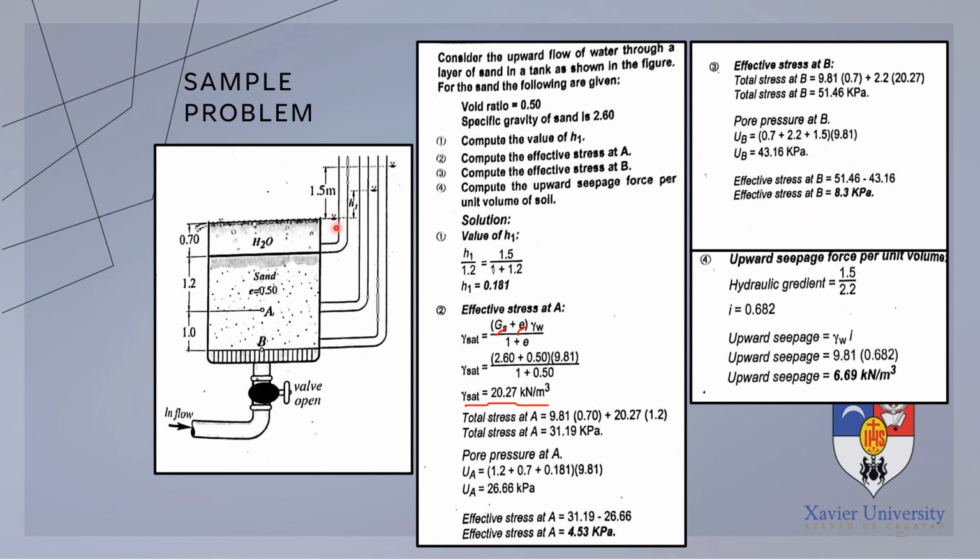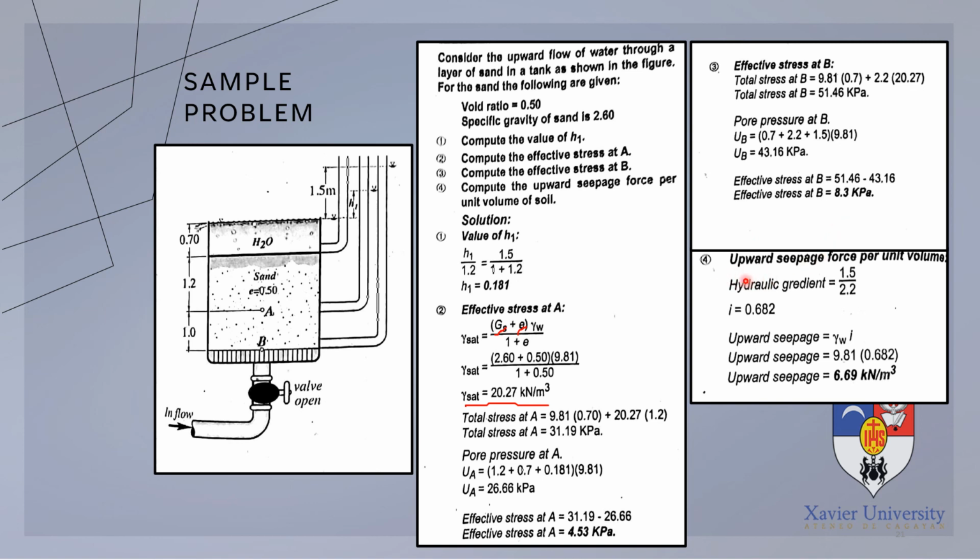That brings us the value of our pore pressure at B, which is equal to 43.16 kPa. Subtracting that from our total stress at B, we come up with the effective stress at B equal to 8.3 kPa.